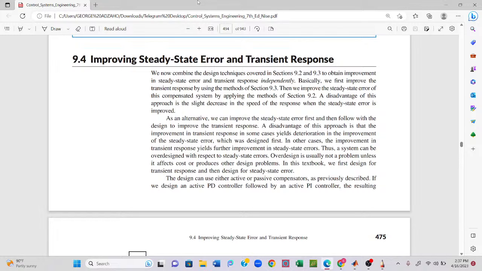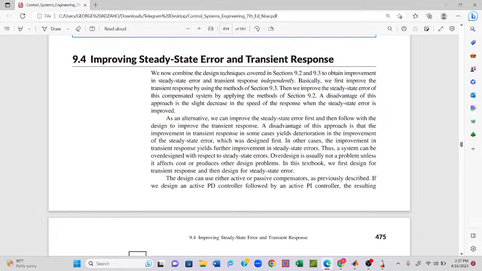It is more advisable to design the PD first before designing the PI, because the PI is meant to improve steady state error, and the PD is meant to improve the transient response.